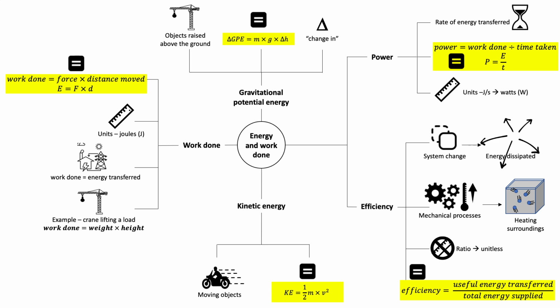Efficiency is another important aspect of this part of the curriculum, and we know that every time there is a change in the system, energy will be dissipated, and that is due mostly to mechanical processes that would cause frictional forces and therefore heating by radiation or by particles.